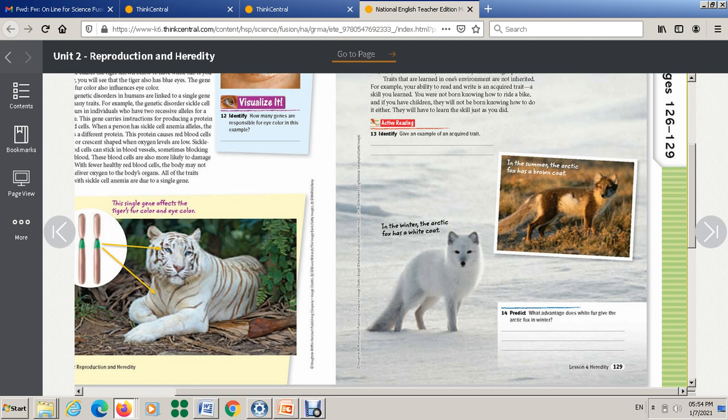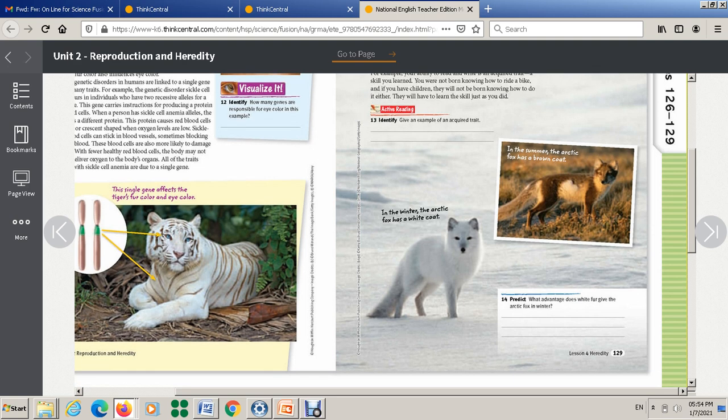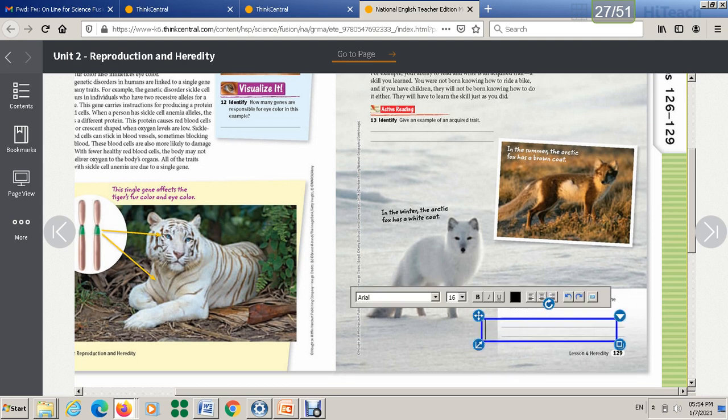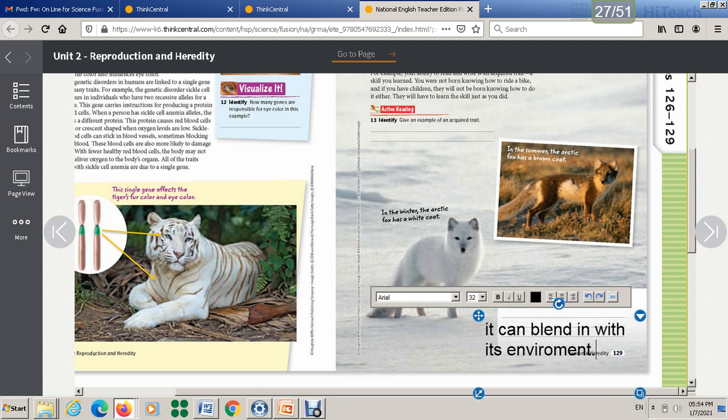It can disappear, it can hide actually. So here is the answer: it can blend to hide with its environment. Okay, copy the answers.